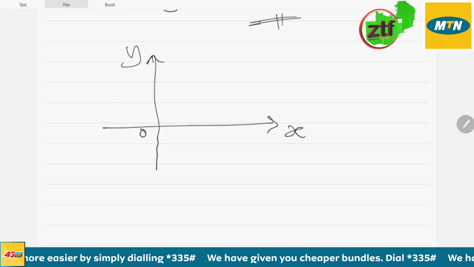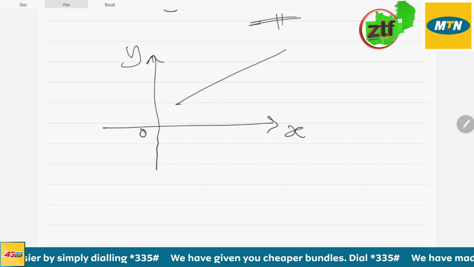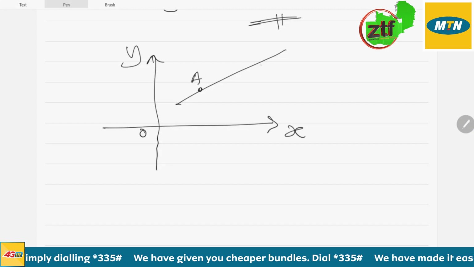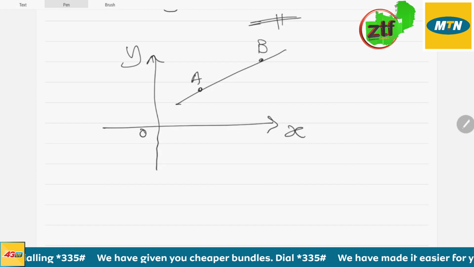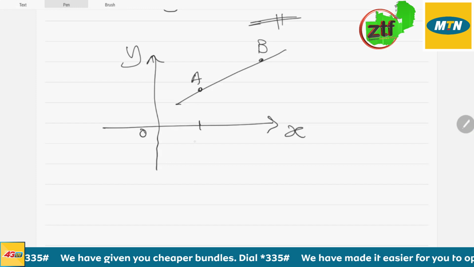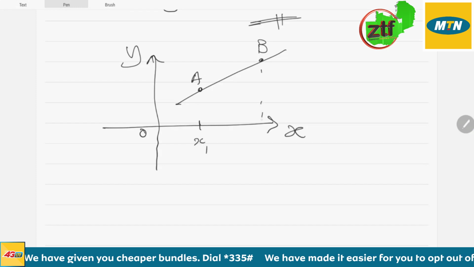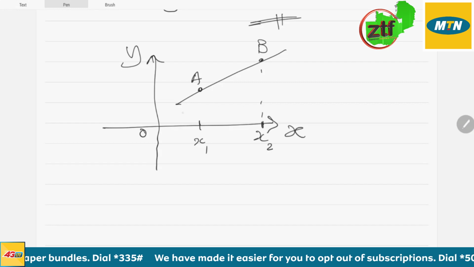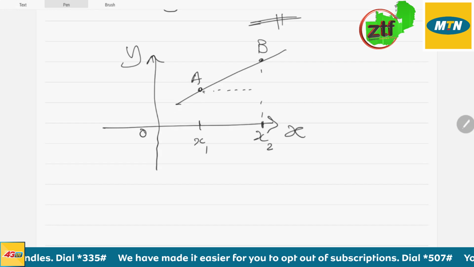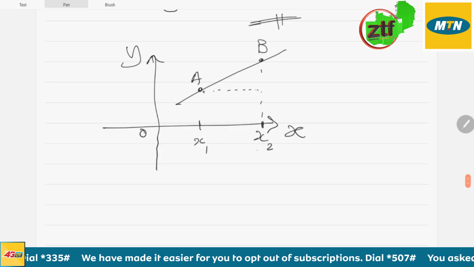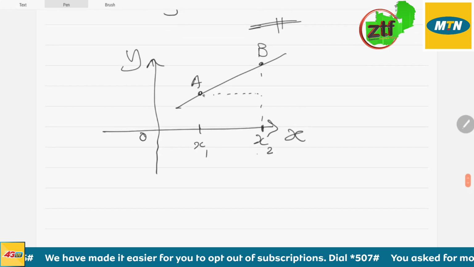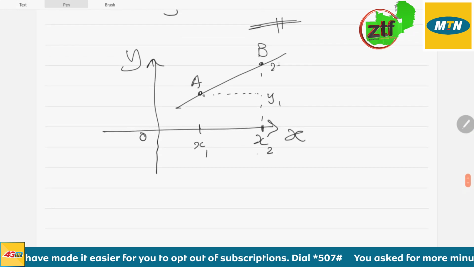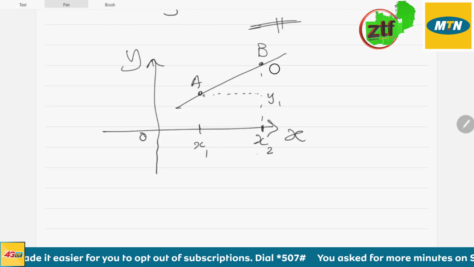Then we have 2 points on a line, A and B. This point will have x1 and that point will have x2. Then this point will have y1 and that particular point will have y2.